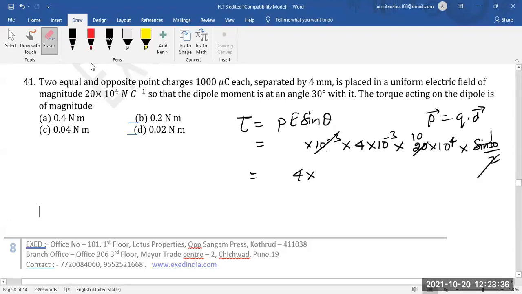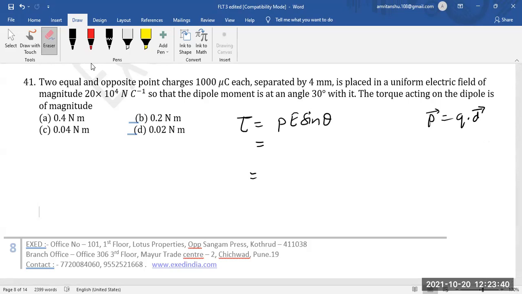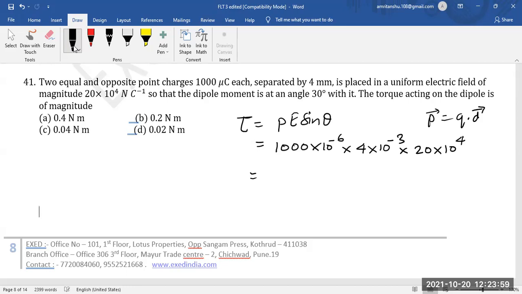So I'll just rewrite all the values. P will be 1000 into 10 raised to minus, I think we missed out this term. P is Q into D. D is 4 millimeters, 4 into 10 raised to minus 3. E is 20 into 10 raised to 4. And sine theta is half.